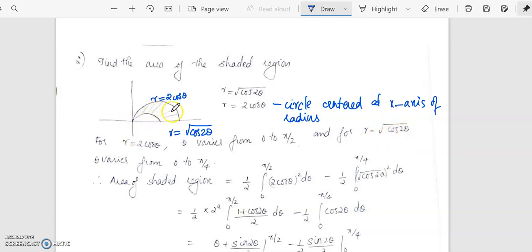So that will give us the required area. So when you subtract this smaller area from the area of this semicircle, we will get the required shaded region.